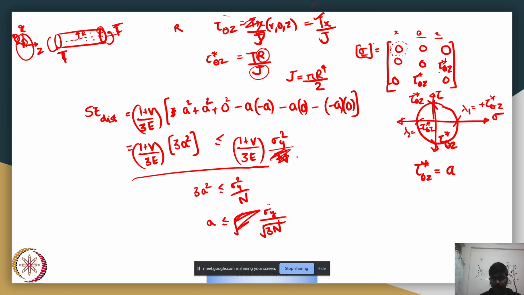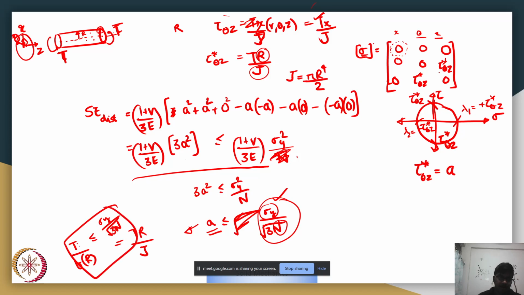If you are given the material, you know sigma y, you know your factor of safety, you can calculate this entire expression and you can calculate the limit on a. But you know that a is nothing but T into r by J, and J is again a function of r, so this should be something like T upon some function of r, right? So T into function of r should be less than or equal to sigma y by root 3.